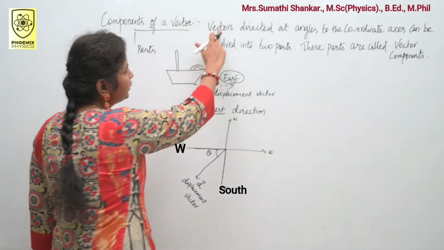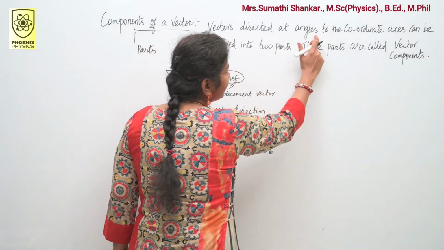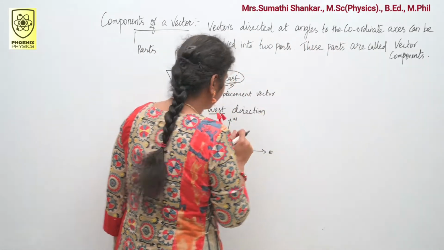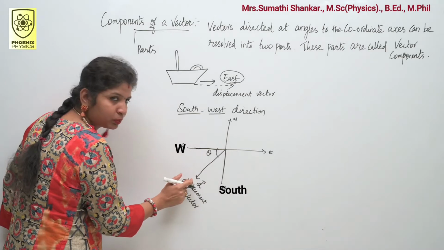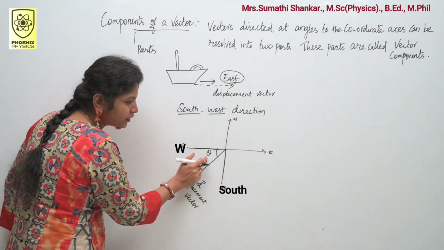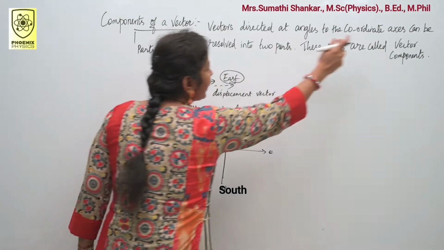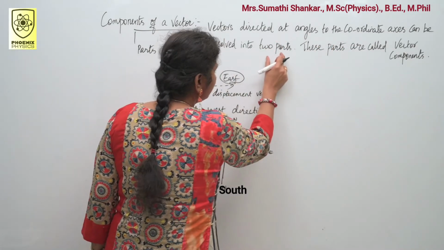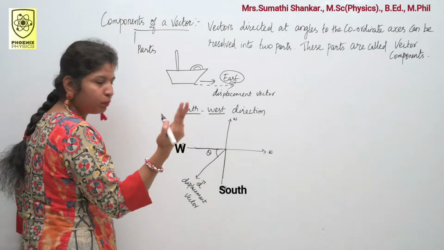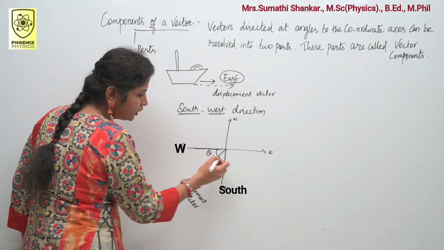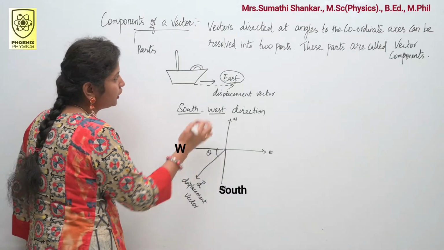So, vectors directed at angles to the coordinate axis. Here, this displacement vector makes an angle theta with the coordinate axis and can be resolved into two parts. Here I have two parts. One is the west part, another one is the south part.